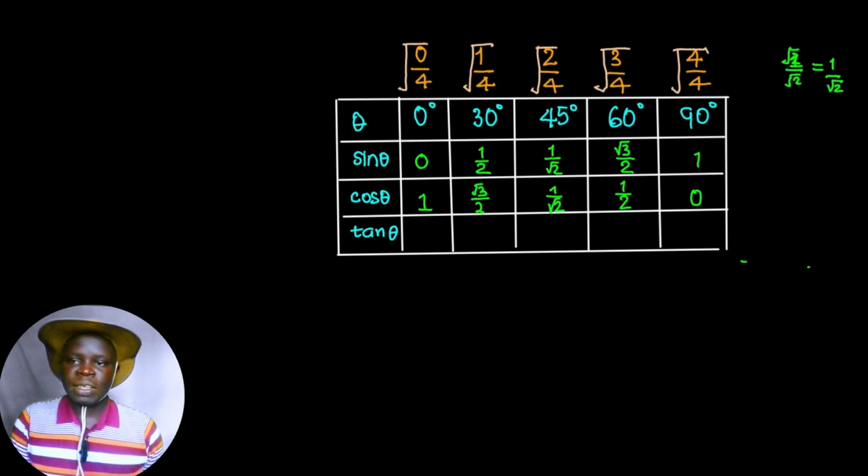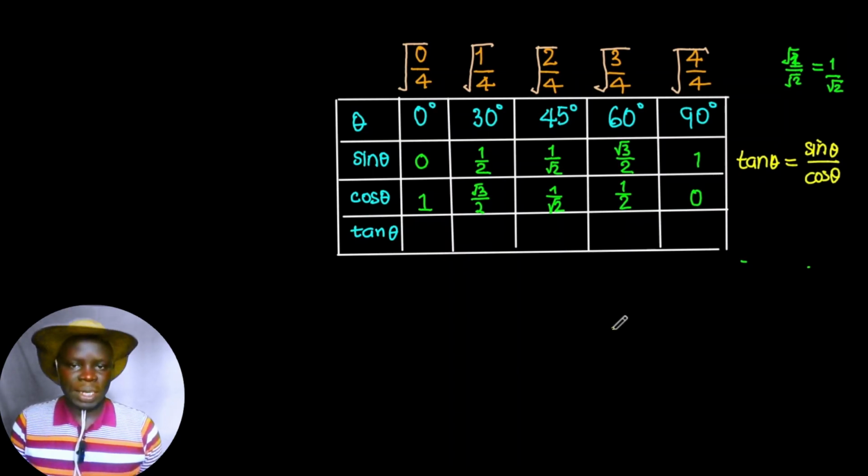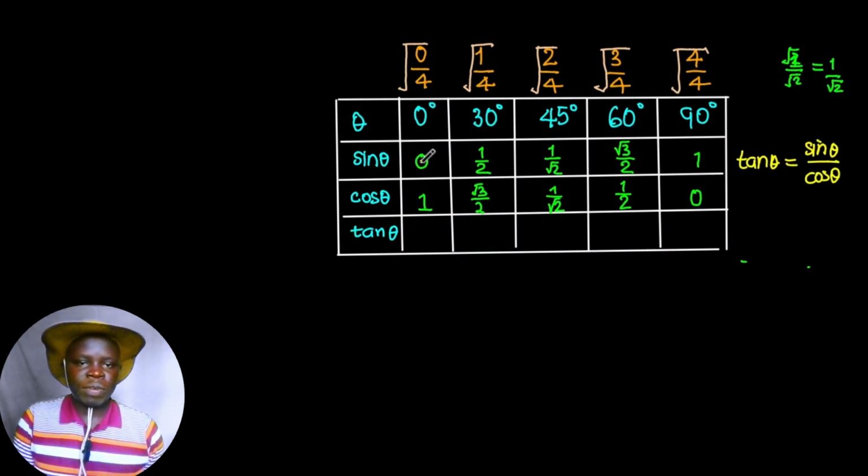Remember, for the next one, tan of any angle theta is sine of that angle theta divided by cosine of the same angle theta. Please remember that tan is sine divided by cosine. So let's do that. 0 divided by 1 is 0.